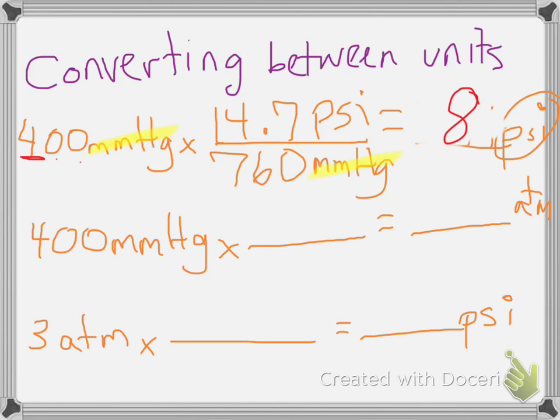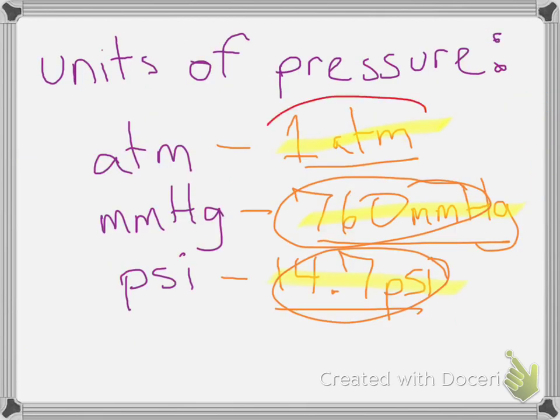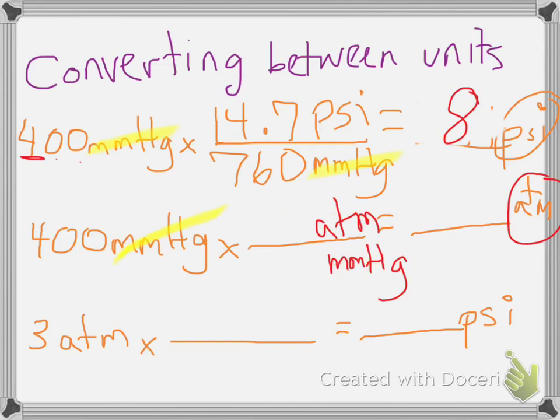So let's try the next one. Now we start with millimeters of mercury again. So I'm going to put that on bottom in my denominator, and I'm trying to get to ATM this time. So ATM is going on top, atmospheric pressure, and so now I'm using ATM and millimeters of mercury. That's my conversion factor. I know that 1 ATM is equal to 760 millimeters of mercury. Again, I am multiplying my numerators and dividing by my denominator.